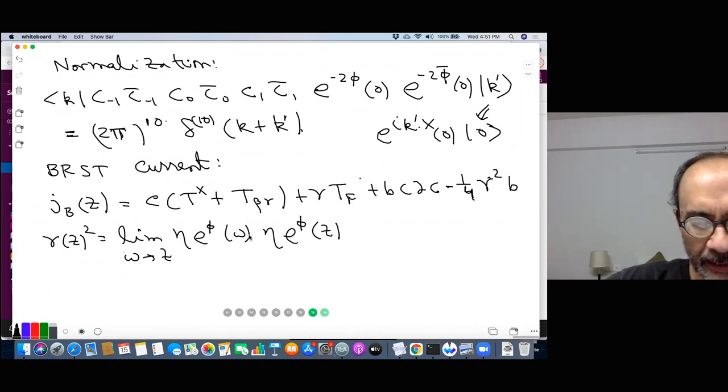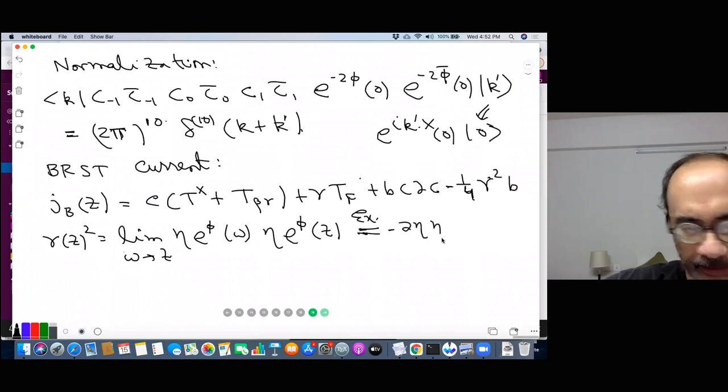And now we can use the e^{φ} operator expansion and then the η operator expansion. It doesn't have a singularity, but in fact it will have a zero because they are just fermionic objects. So this I'll leave as an exercise. This is non-singular, but we have to do a little work to figure out what this is. This is minus ∂η e^{2φ}(z). If you want to write this in terms of the ξ η φ system, this is what you'll get.